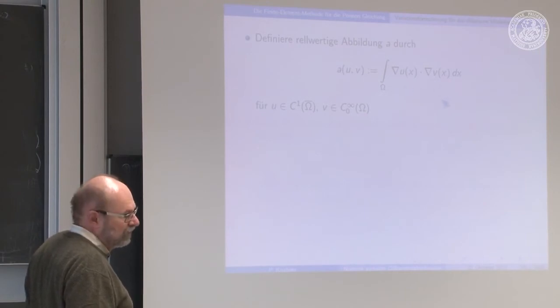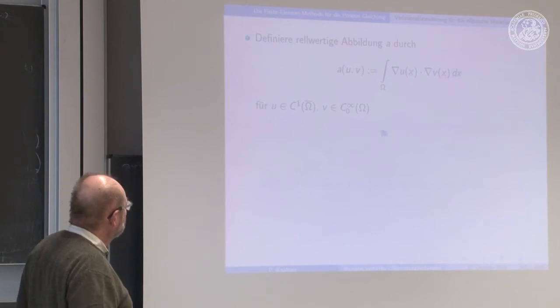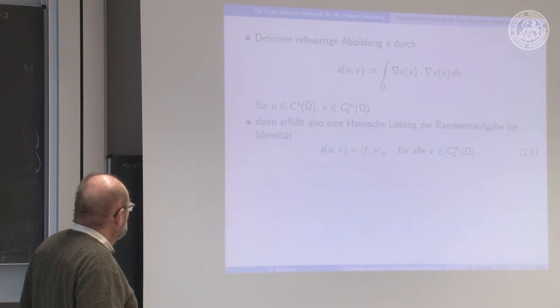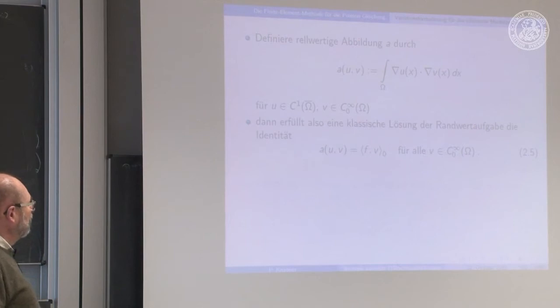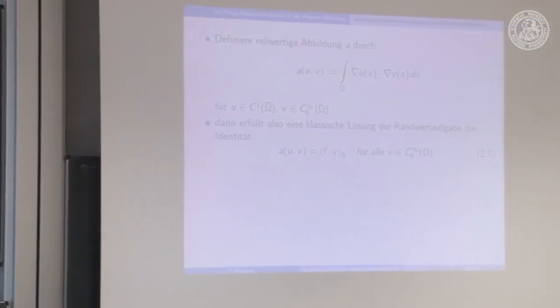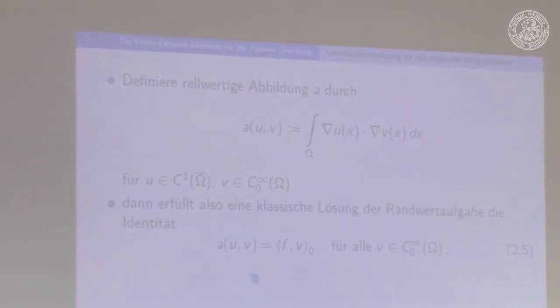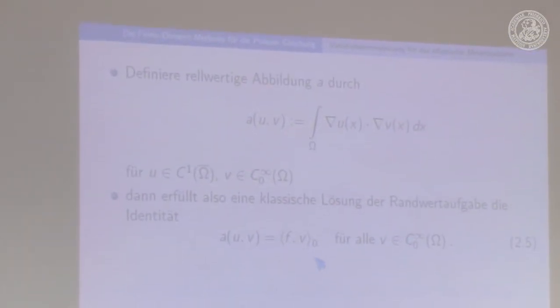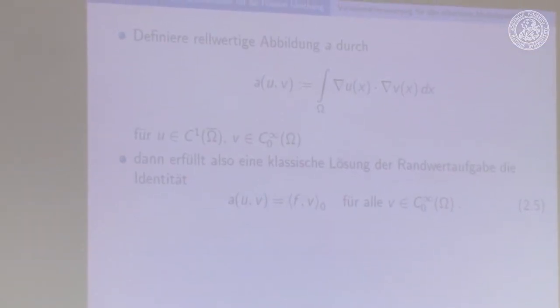It's symmetric. So at the moment it's a little bit asymmetrically defined, for our test functions and for the C1 omega bar functions. If we ignore this for a second, then what we have seen is that a classical solution fulfills this equation here: A(u,v) equals the L2 scalar product of f and v, for all test functions v from C infinity 0.